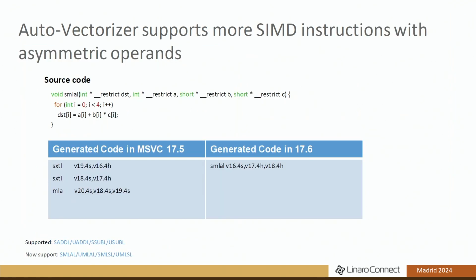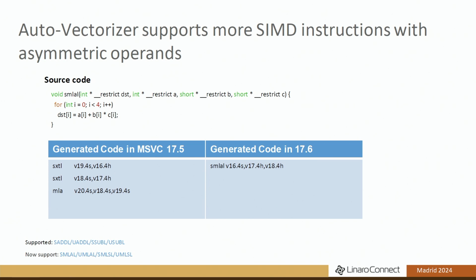First of all, the auto-vectorizer support for more SIMD instructions with asymmetric operands. What do I mean by asymmetric operands? Here I have an example of a very small piece of code.